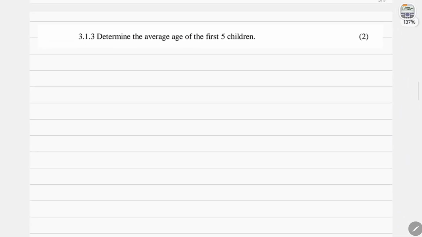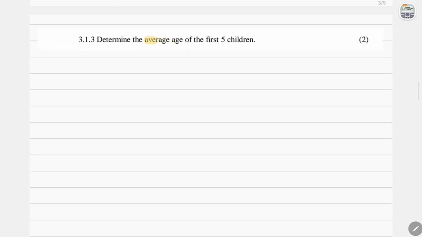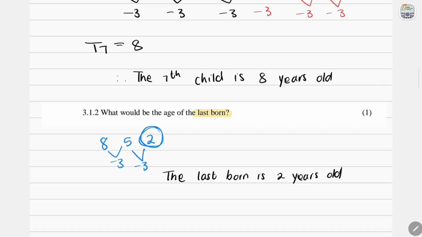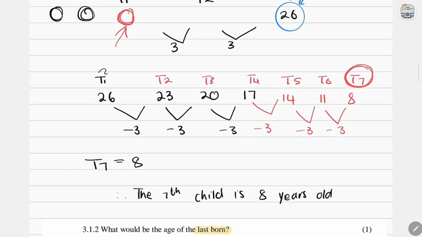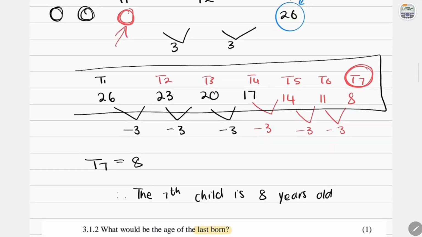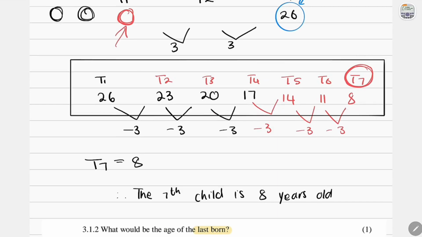Question 3.1.3 says, determine the average age of the first 5 children. Okay, so the average age. So from the way our pattern is, we're going to pick the first 5 children, and then we'll get the average. So that is the 26-year-old, the 23, the 20, the 17, and the 14-year-old.